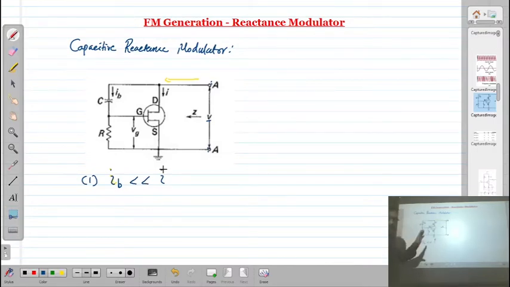So in which condition will the circuit work as a reactance modulator? The first condition is that whatever current IB is flowing here, it should be very, very small compared to this I.